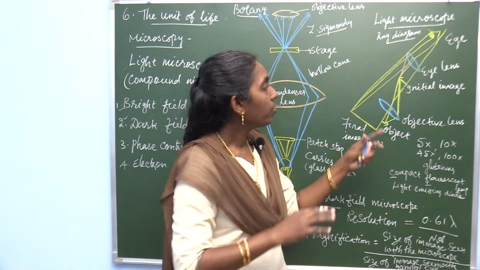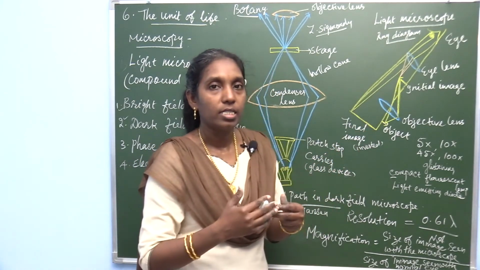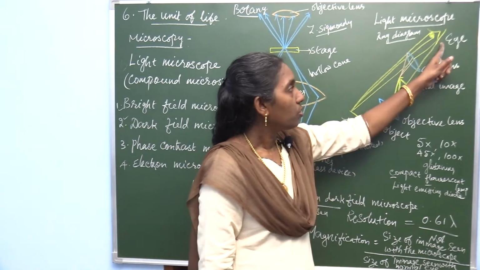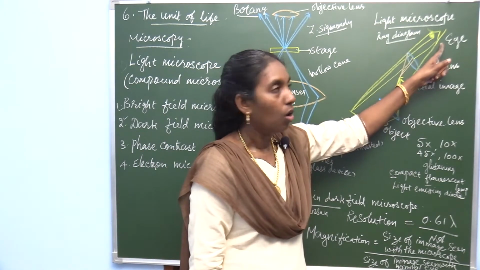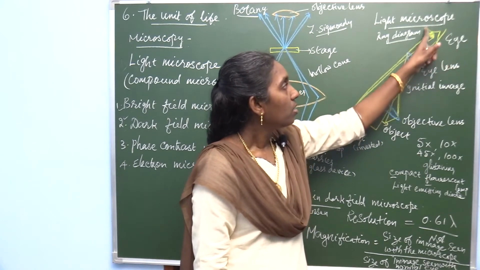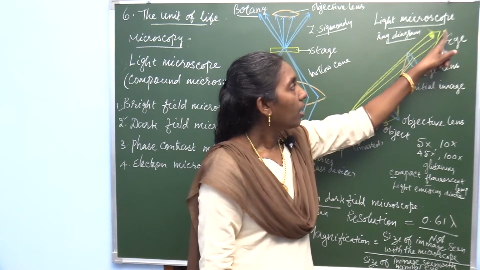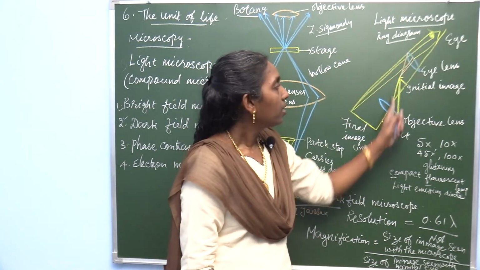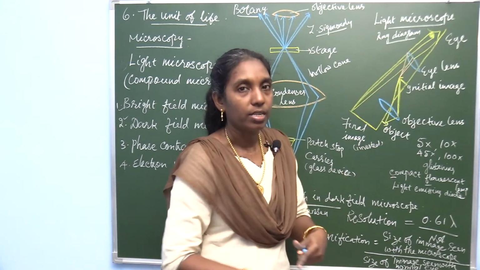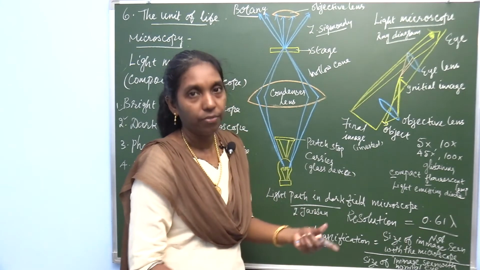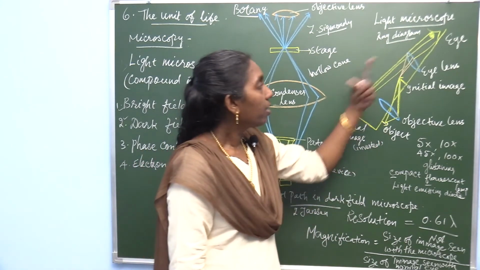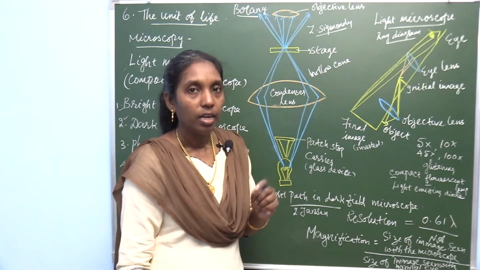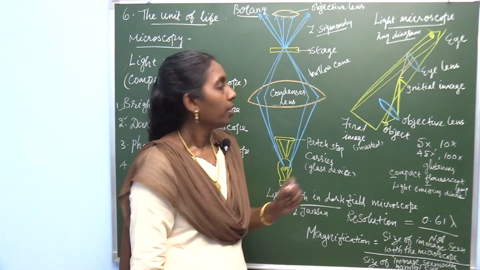These 2 lenses magnify the image and it shows as a visible object through our eye. This image is visible because these lenses magnify the image 100 of times, so it's visible to our naked eye.